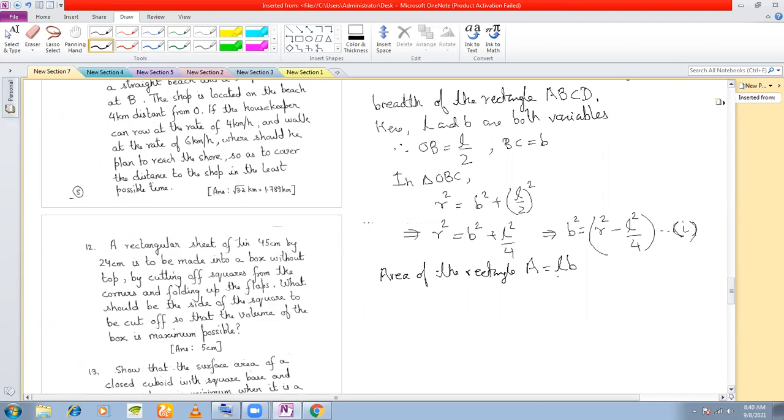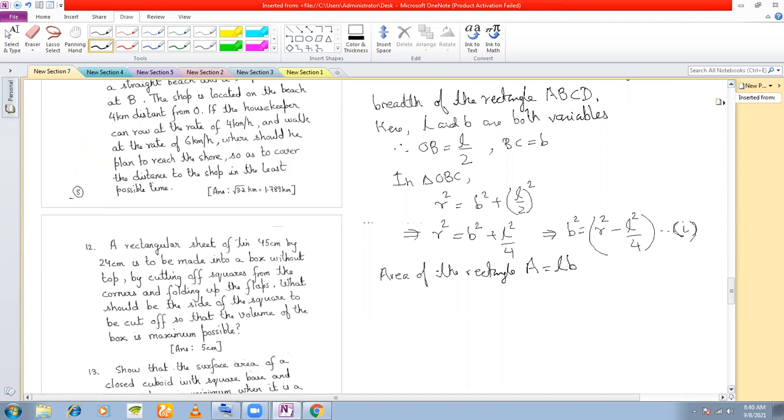How many variables does A contain? Area is equal to L into B. How many variables? 2, sir. 2 variables. So we need to bring this down to a single variable, right?